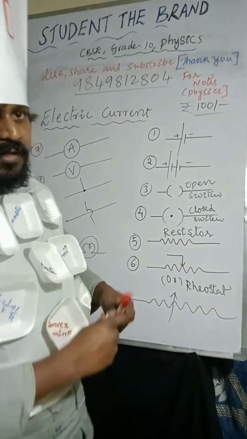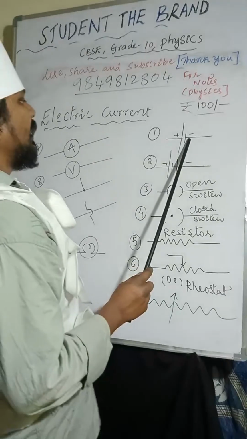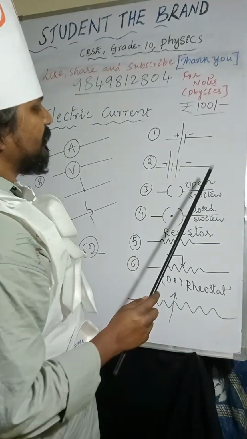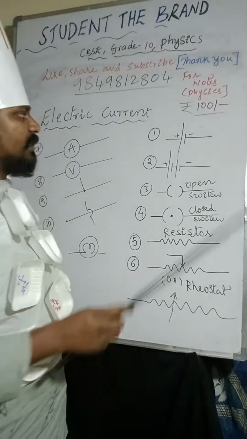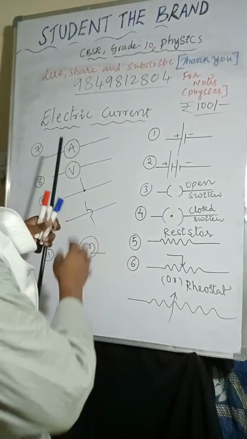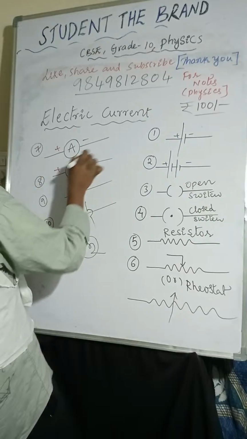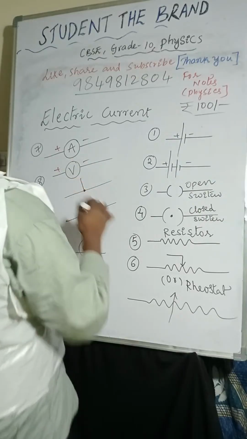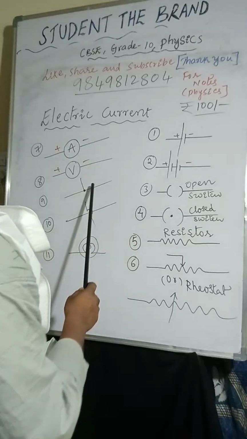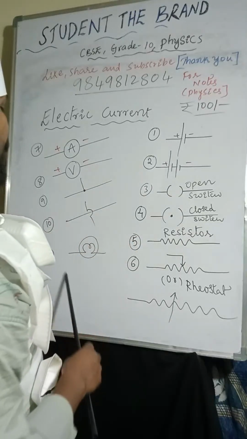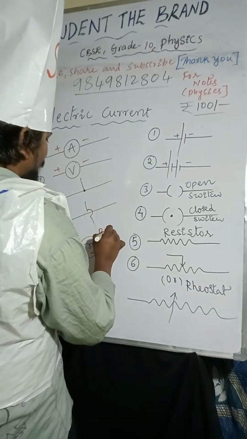So you can observe here: cell, battery, open switch, closed switch, resistor, rheostat, ammeter with positive and negative terminals, switch, wire joining, wire crossing, and the bulb symbol.